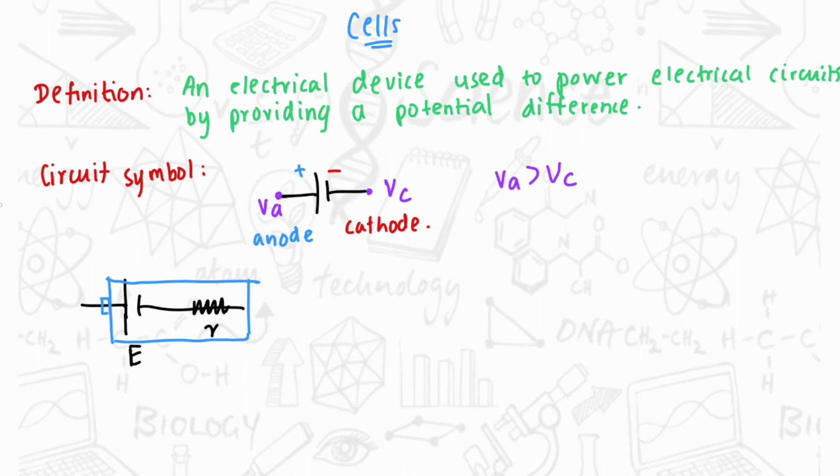If this is the cell, R is the internal resistance of the cell, and E is the electromotive force of the cell.